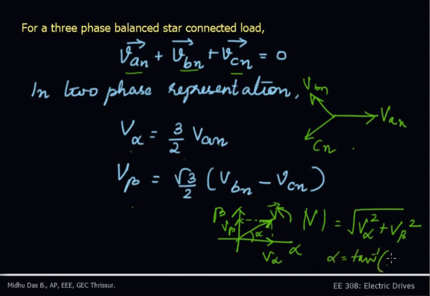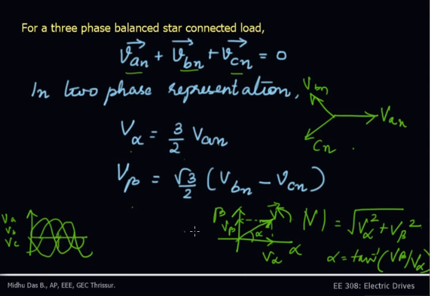Tan inverse of V beta by V alpha. So this is the three-phase signal, that is we have VA, VB and VC. We are transforming this three-phase signal into a single vector in two-phase domain by using this transformation.